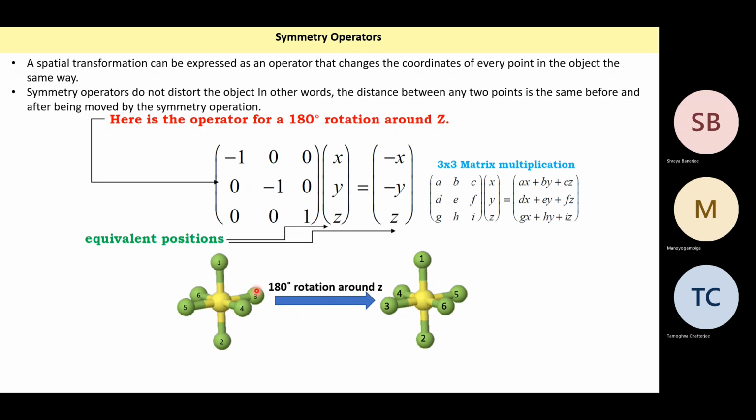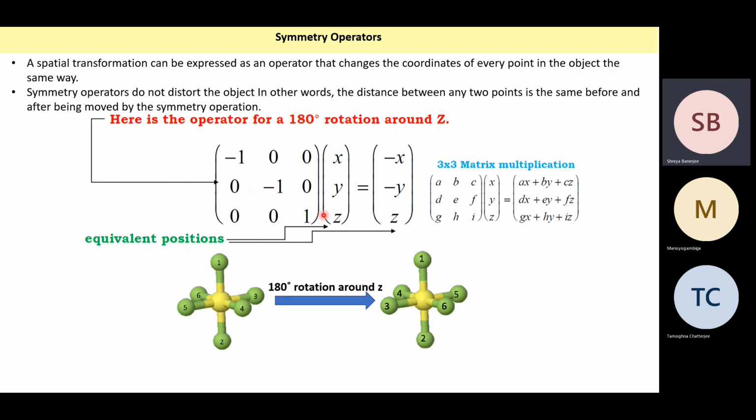If you look at the XYZ coordinates of 3, initially the coordinates were just XYZ. After this 180-degree rotation, in the new position of 3, the coordinates are -x, -y, and z. Z is the same because you are rotating around the Z axis, but X and Y become minus.